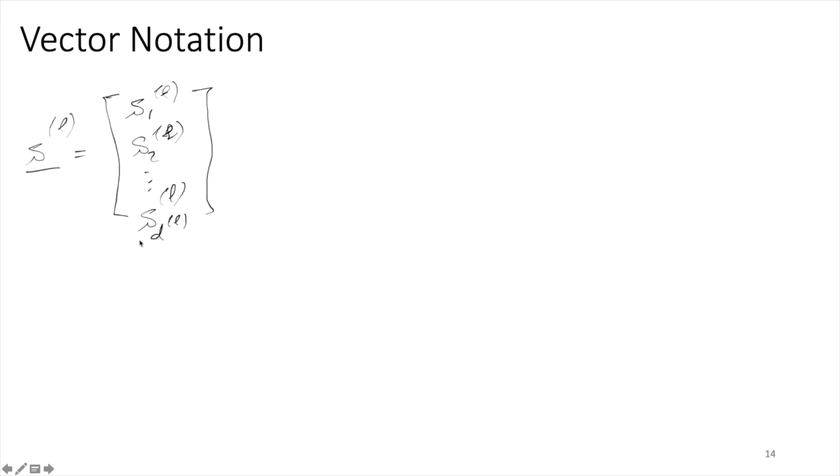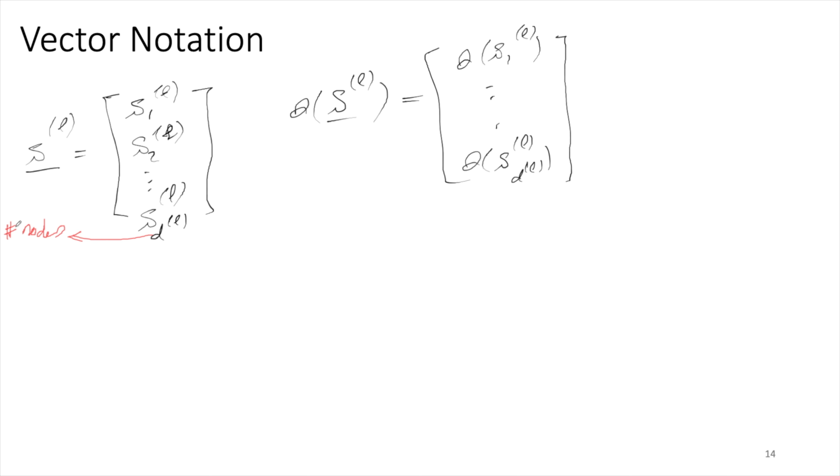All right, so in a vector space, we can define our S as a vector S of L this way: S1 of L, S2 of L, up to SD of L, where D is the number of nodes. Thus, the output of the activation function theta of S of L is theta of S1 of L up to SD of L, right?